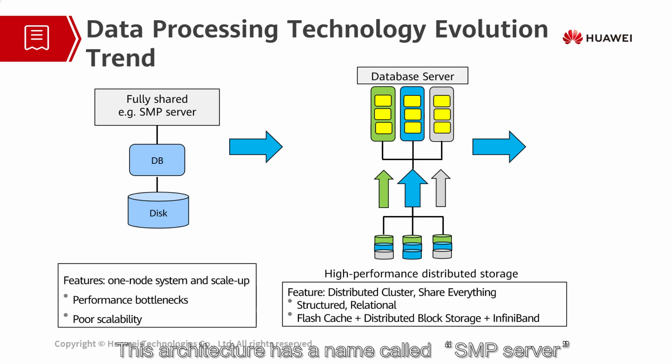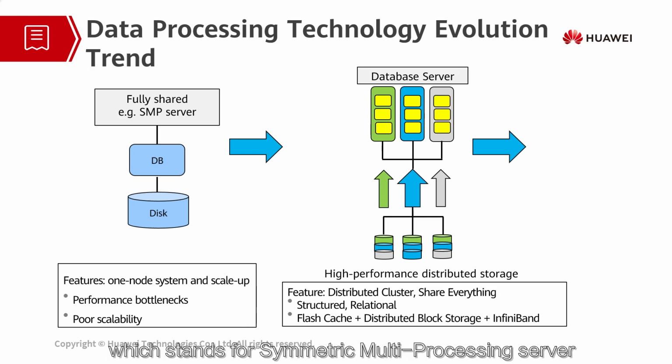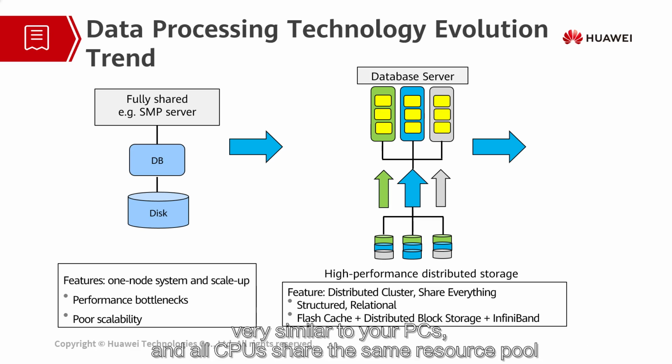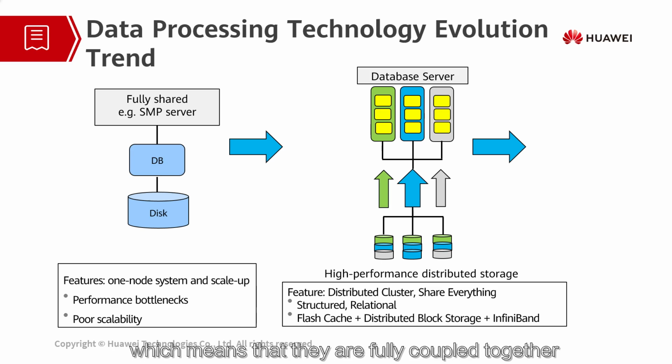This architecture is called the SMP server, which stands for Symmetric Multiprocessing Server. It integrates a group of processors on a single computer, very similar to your PCs. And all CPUs share the same resource pool, which means that they are fully coupled together.